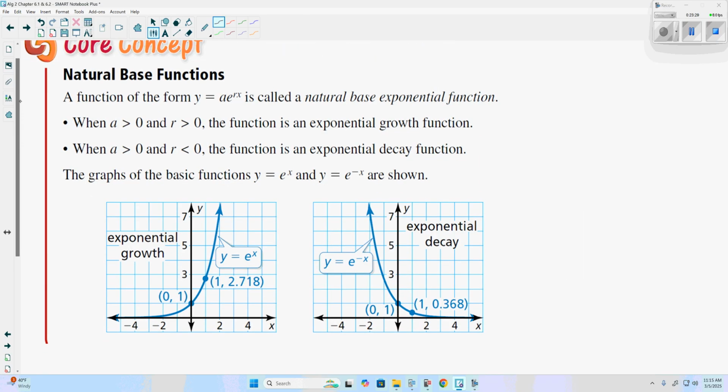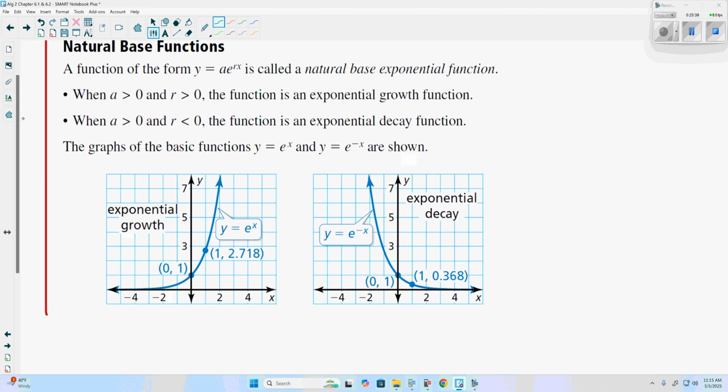Now, this base e can be an exponential growth or decay, but it's a little different because with e, we're looking at the exponent, not the base, because the base, e, is a set number. e is that irrational number, 2 point whatever.